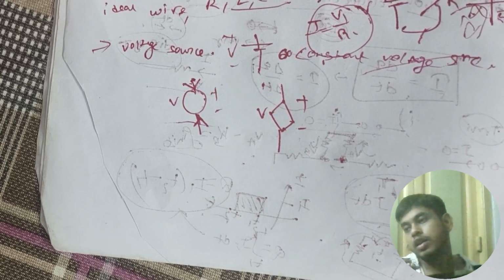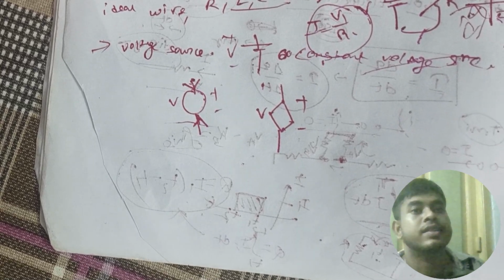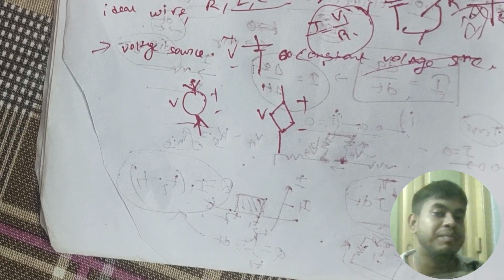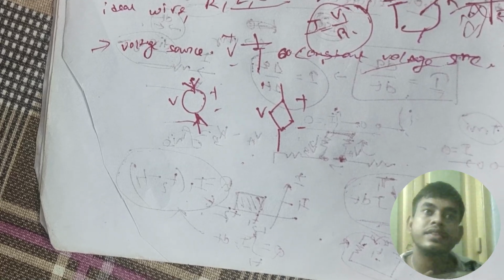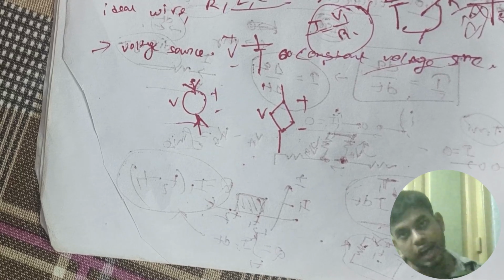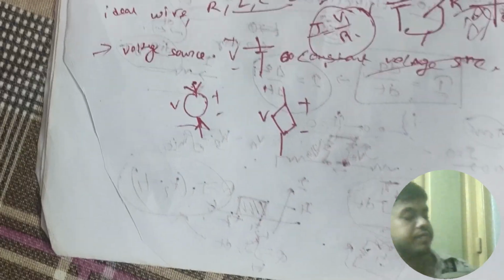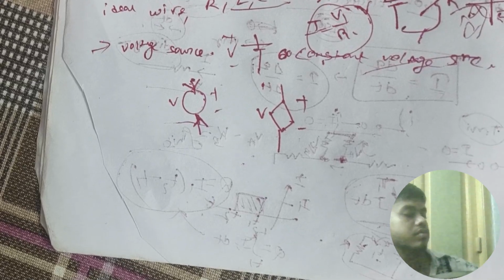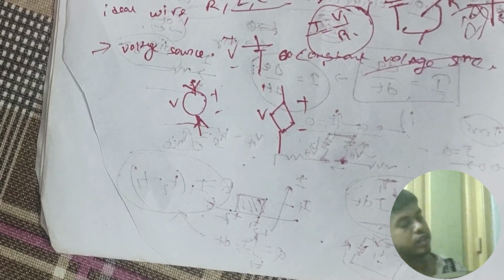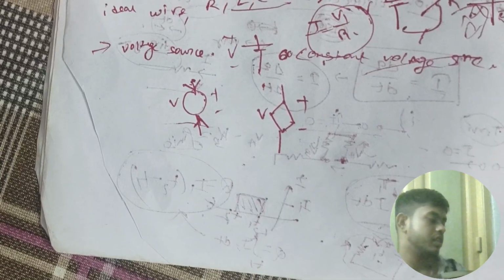When we have complex circuits made up of those elements, those reflect as a dependent voltage source or a current source.